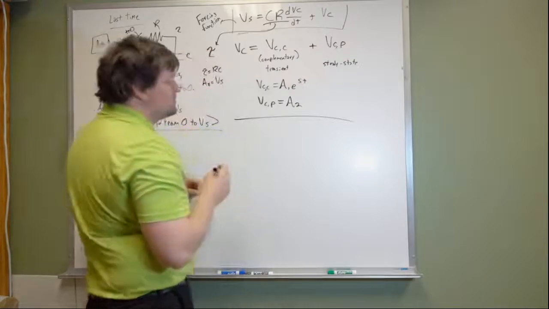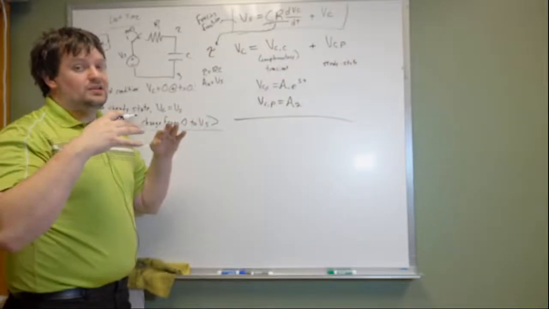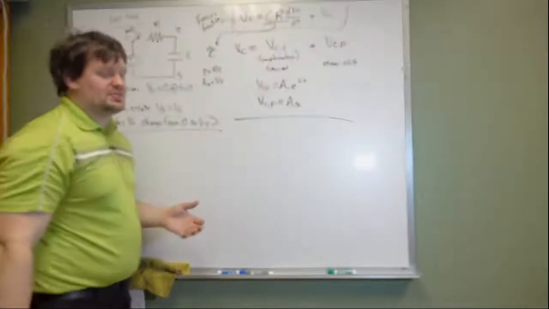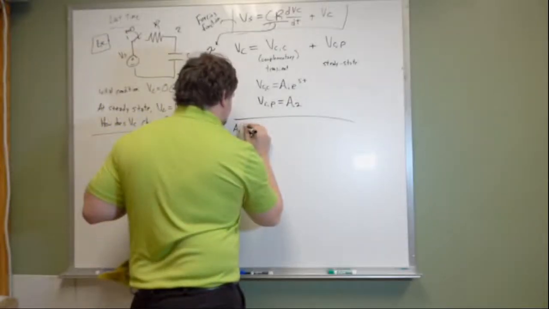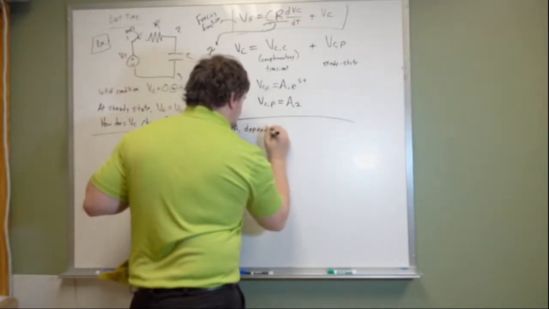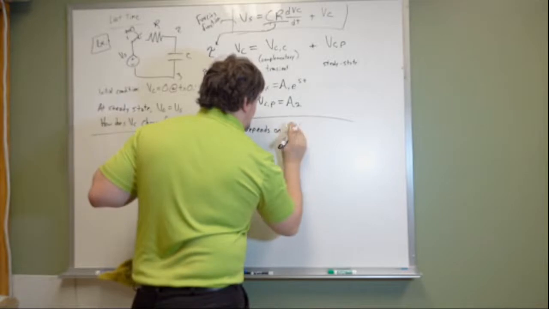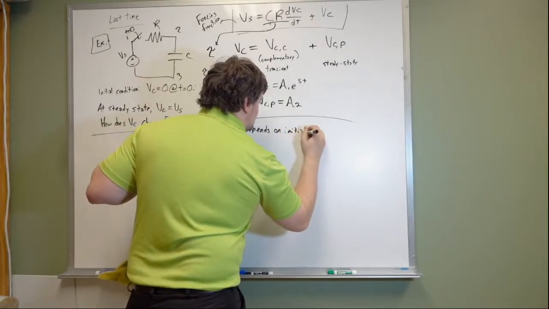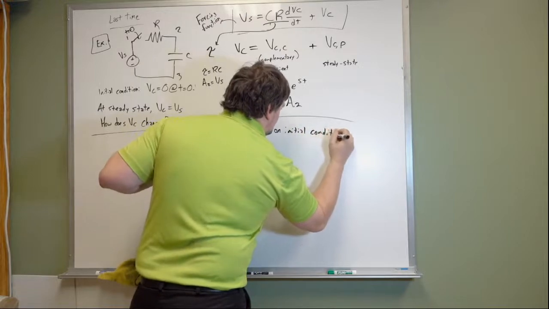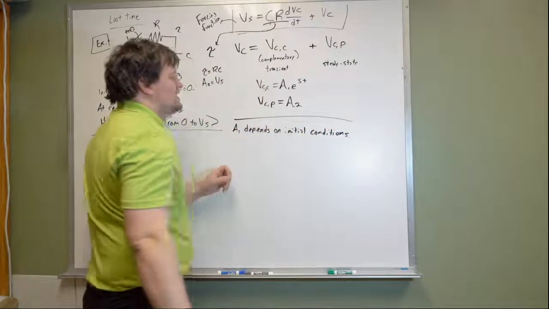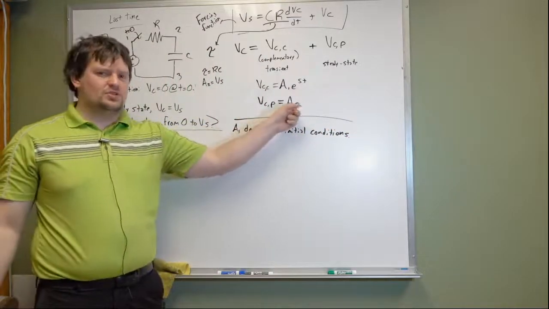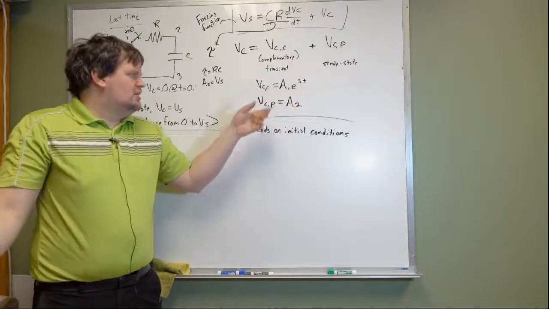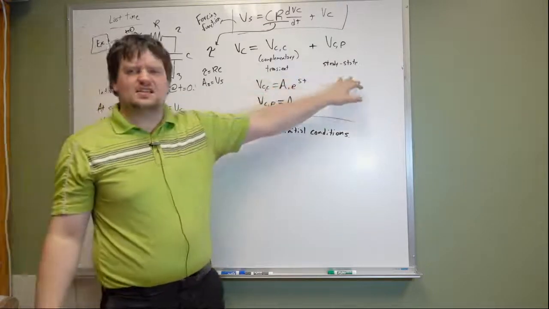Okay, the last one. A1 is actually going to depend on the initial conditions, whereas A2 is only the steady state. It doesn't matter what the initial conditions are for VCP, because remember, this is the steady state solution.